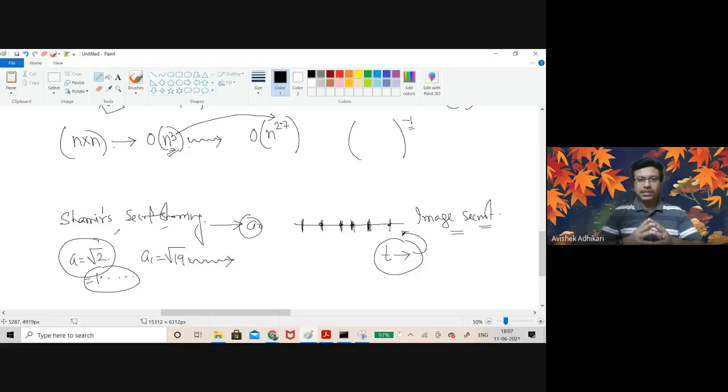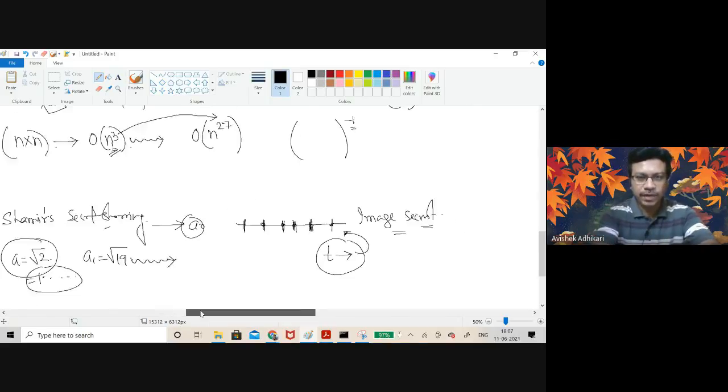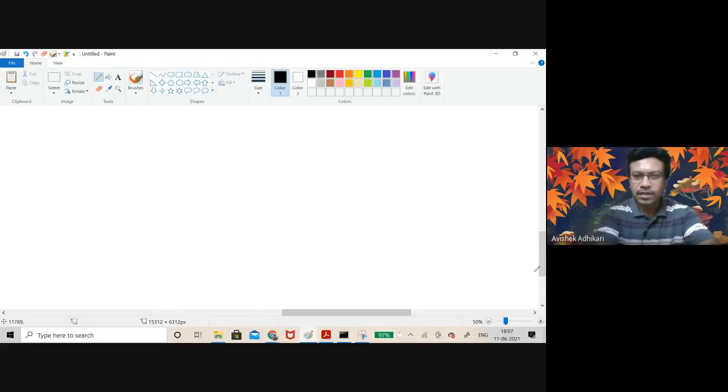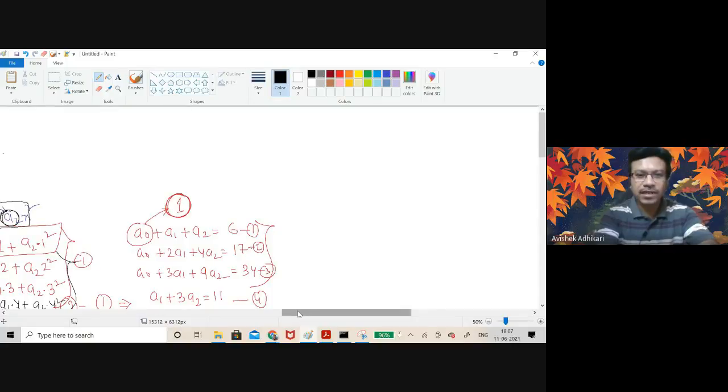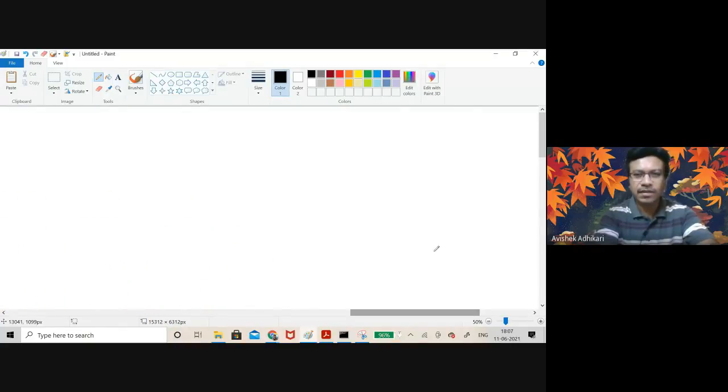So the question is, how can I implement it properly? And here the concept of finite field comes into play. So the whole story, but rewritten in a different fashion and a very simple way. If you just recap the whole story, what was your idea?